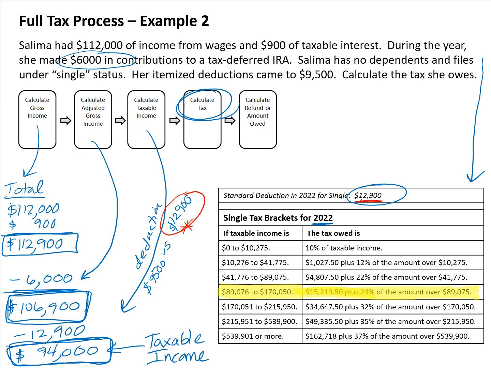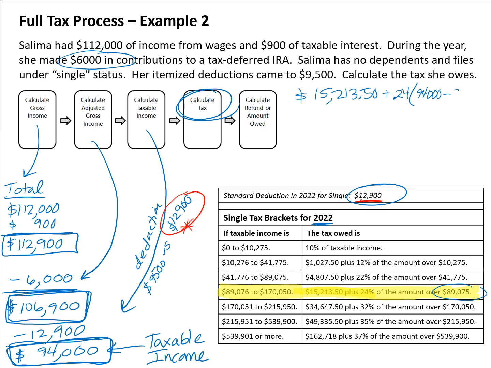Specifically, we're going to take $15,213.50 and then add to that 24% of the amount that she earned over $89,075. So let me erase my arrow there so I have a little more room to work with. So I have $94,000 that she has in taxable income, and I'm going to subtract to get the amount over $89,000.